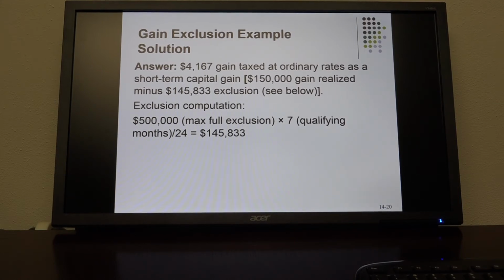So you would take the full exclusion. Here you've got MFJ, so it's $500,000, and then you multiply that times the 7 months that are qualifying, divided into 24, and what you come up with is 145,833.